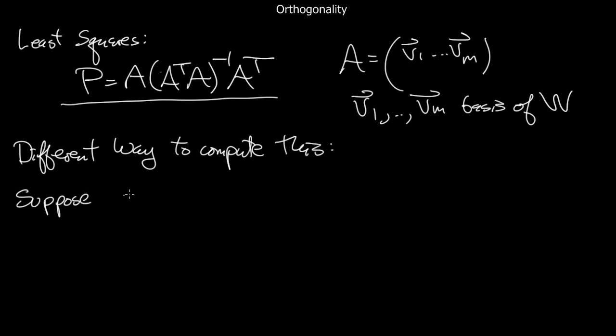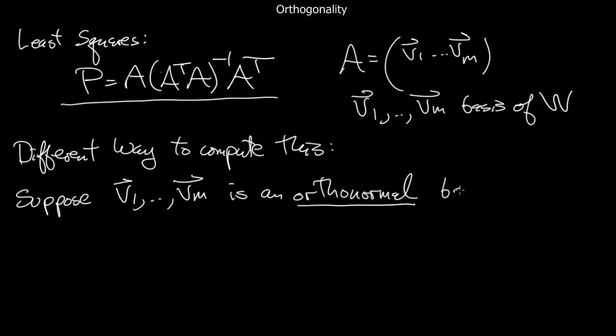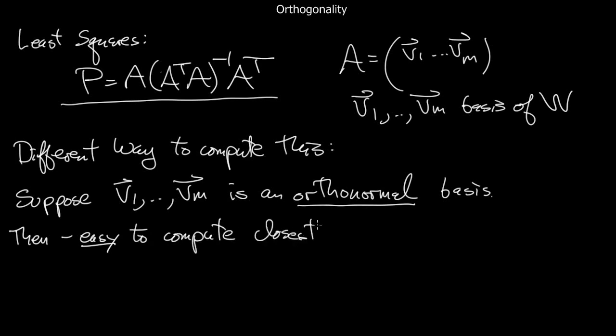And the idea is, suppose that this basis that we had, V1 through Vm, suppose it's orthogonal, or actually orthonormal. Remember, you can always do that using Gram-Schmidt. So it turns out that if you have an orthonormal basis, the formula is much, much simpler. And there's a very easy way to compute the closest point.